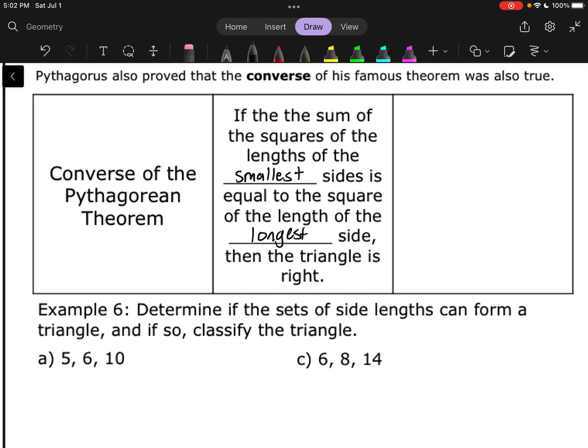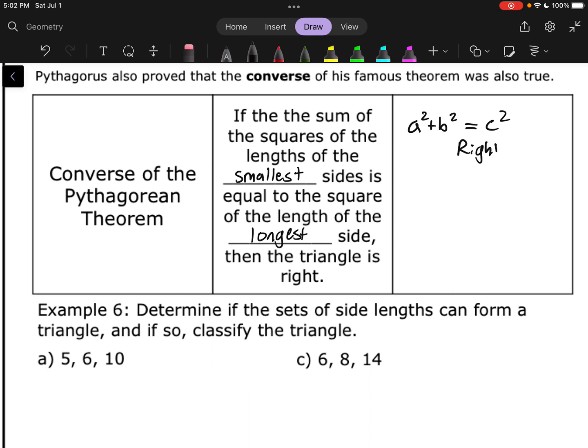So what that is going to essentially say for us here is three different things. If a squared plus b squared is equal to c squared, that means that it is a right triangle. And then there are two extensions also. If a squared plus b squared is greater than c squared, it is acute.